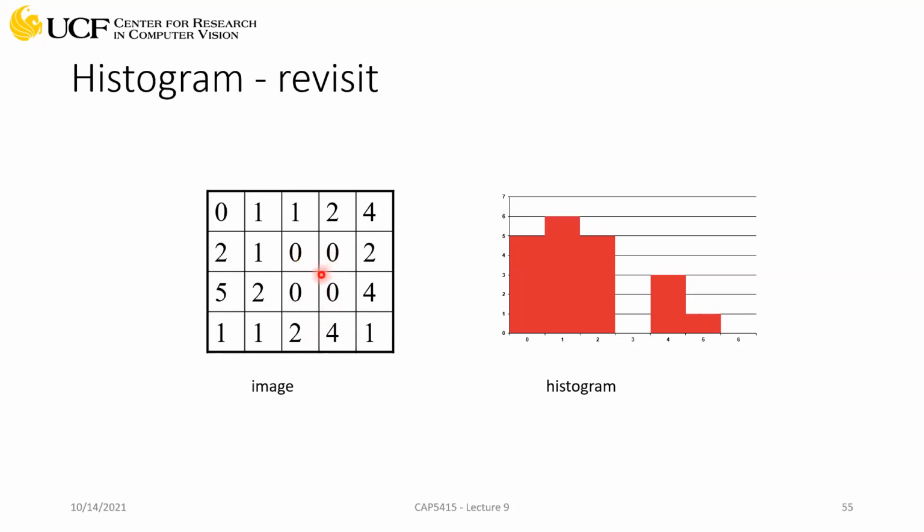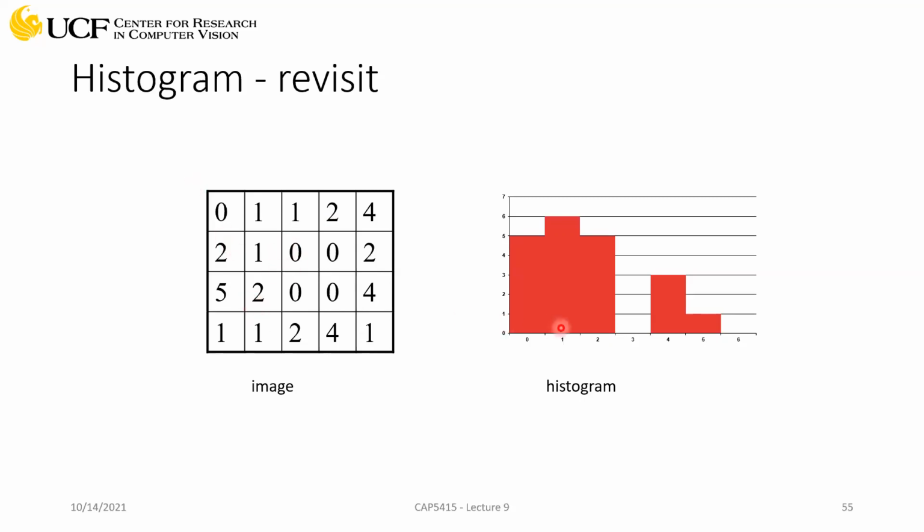So if you look at this image, the x-axis is representing the intensity, so it's going from 0 to 6, and you can see that we don't have any pixel which has intensity of 6, so 6 is almost blank. The y-axis is telling you the frequency of those intensities, right? How many times that intensity was present in the input image.